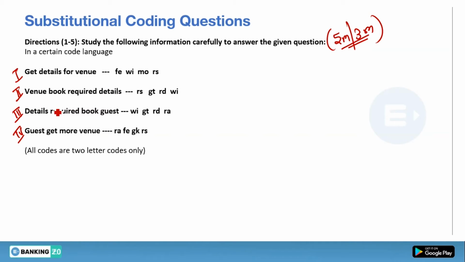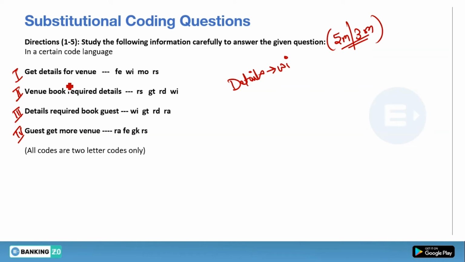The common code among these three statements is WI, WI and WI, and we know that WI is for details. So you have to write down details like this, and in front of it write down WI, in your sheet while solving these questions.